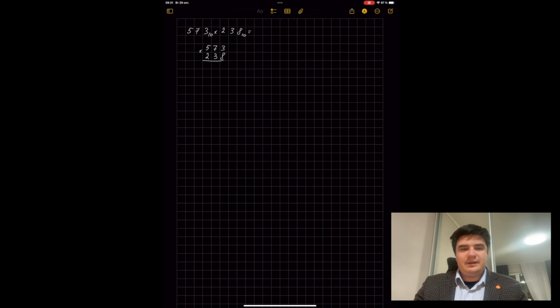First, we multiply 573 by the smallest rightmost digit of 238, which is 8. We multiply each digit of 573 one at a time, starting with 3 times 8, which gives us 24. We write down 4 in the current column and carry over 2 to the next place. Next, we multiply 7 by 8, add the 2 carried over, resulting in 58.